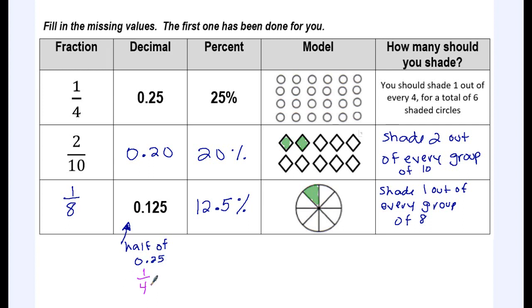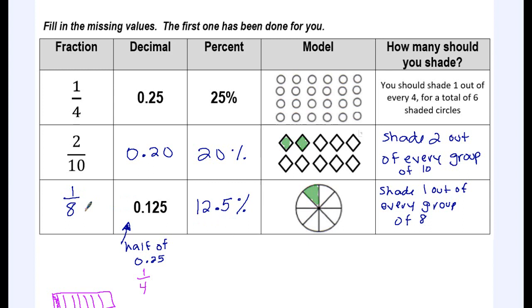1/4 out of 4. And if we took our fourths, and we cut each fourth into half, it would give us what? Eighths. So 12.5 cents is equivalent to 1/8. 12.5 cents out of 100 cents would be 12.5%.